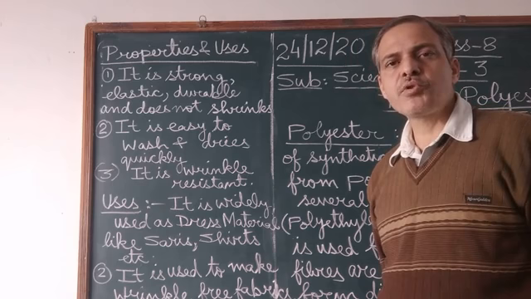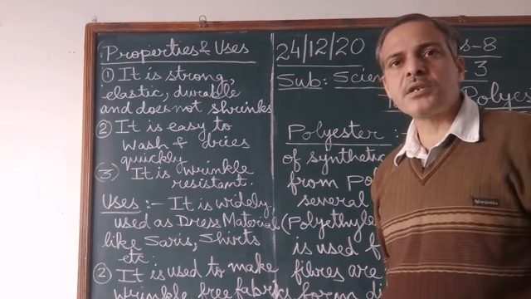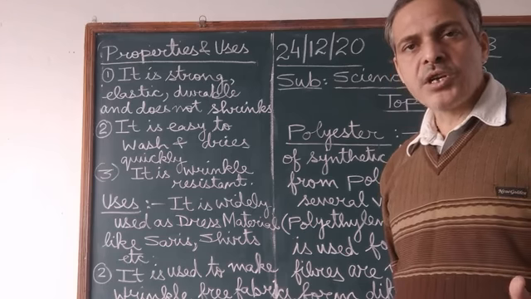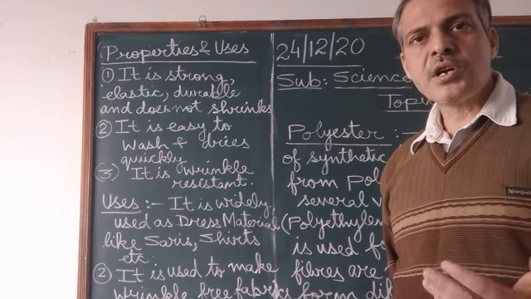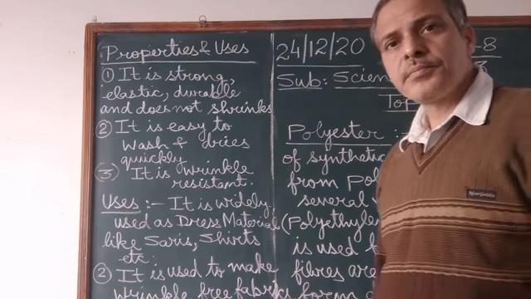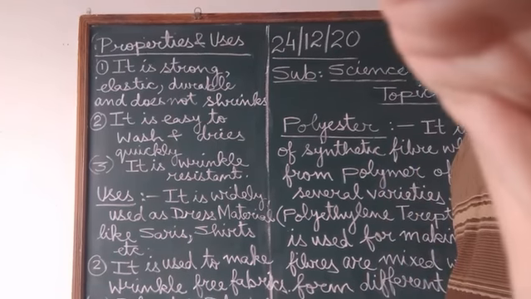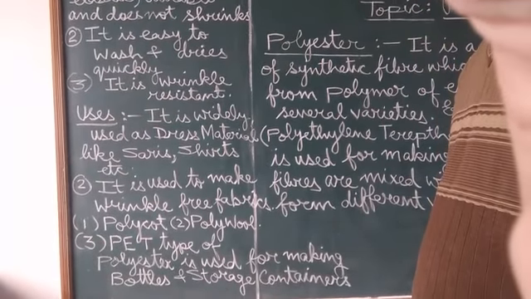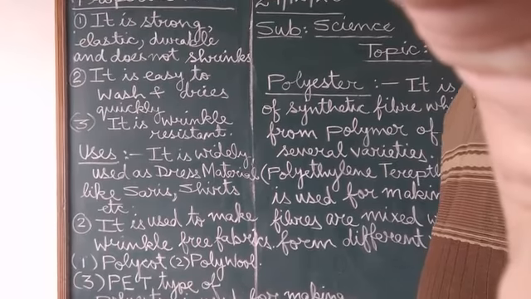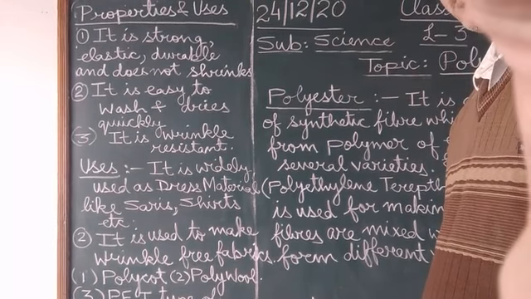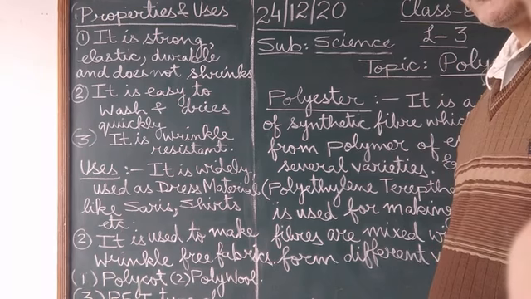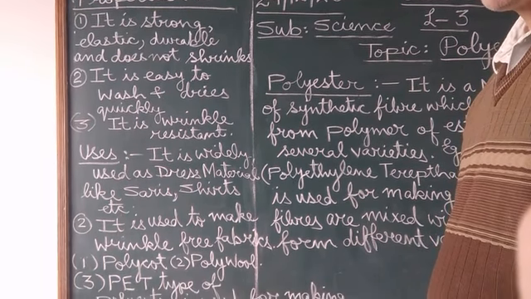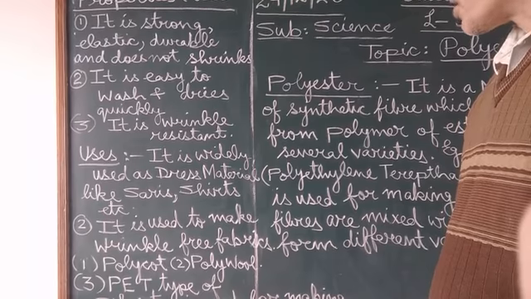What are the names of those two types of fabrics which are formed as a result of mixing the polyester fiber with the natural fiber? That is polycot, and this polycot type of fabric is formed by mixing polyester fibers along with the cotton fibers.